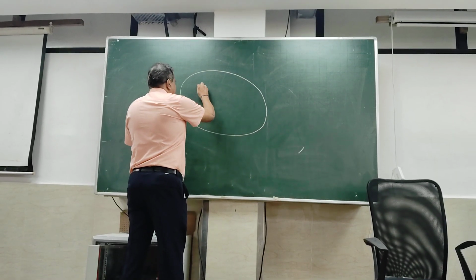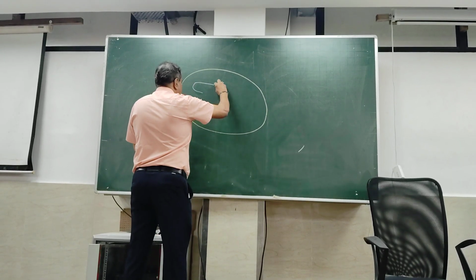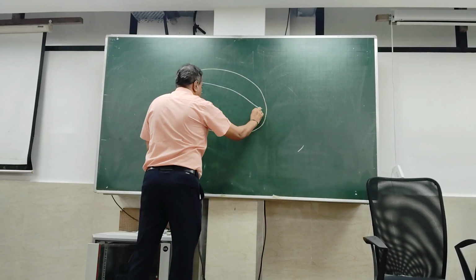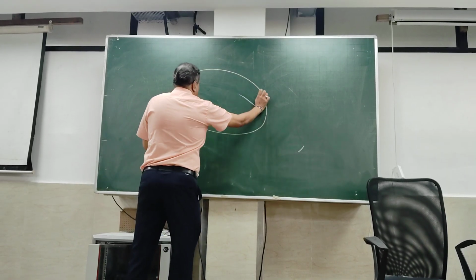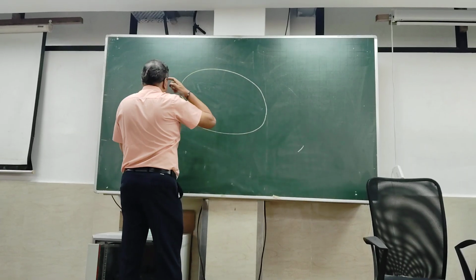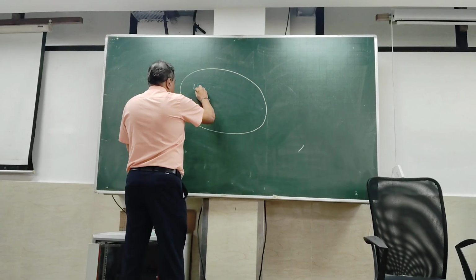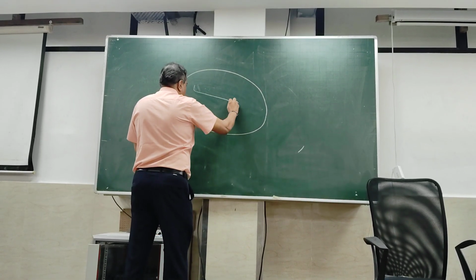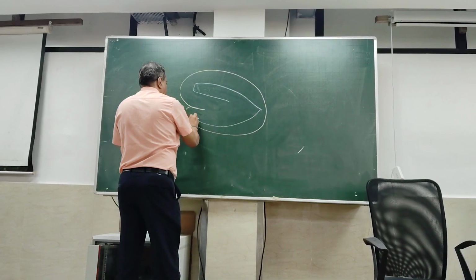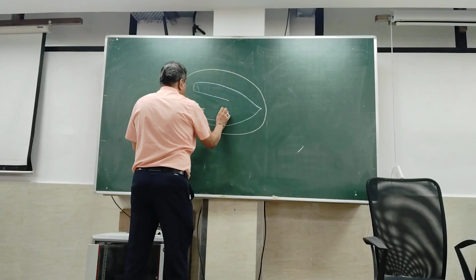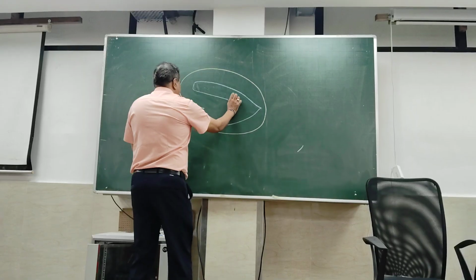The lateral ventricle is a cavity inside the cerebrum throughout. So this is how the lateral ventricle is.